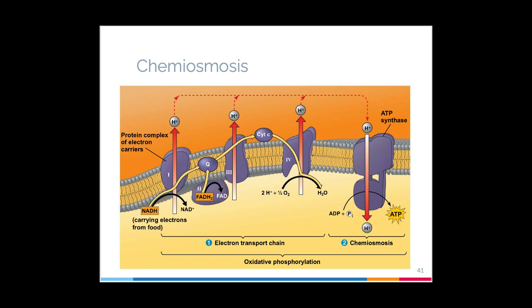Oxidative phosphorylation also includes chemiosmosis, where those protons rush through ATP synthase by diffusion, and their proton motive force is used as an energy source for driving the synthesis of ATP. This oxidative phosphorylation process is where we get most of the ATP that's generated in cell respiration. That's why it's called the energy payoff phase.